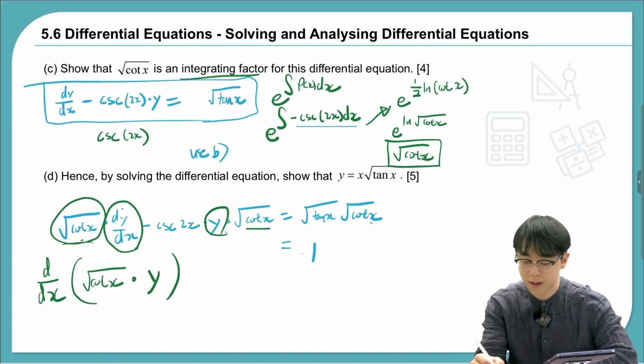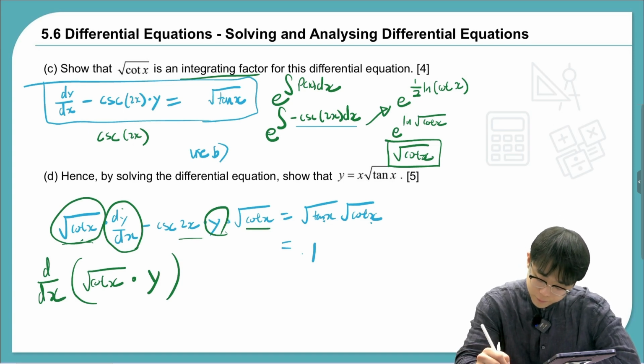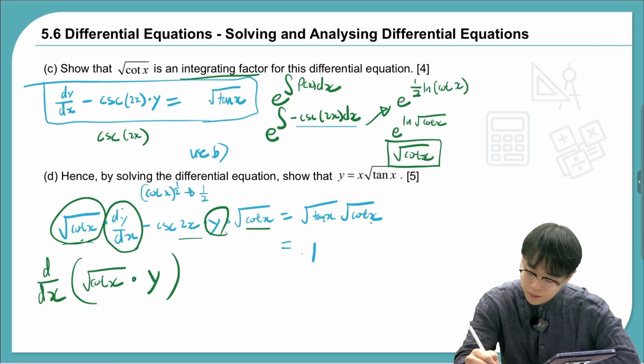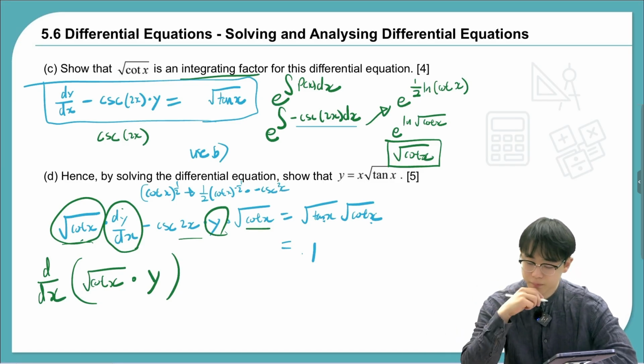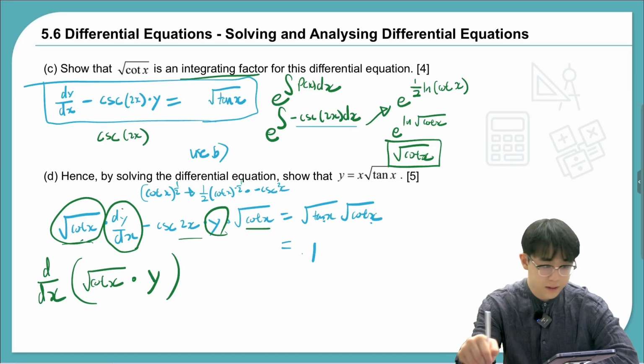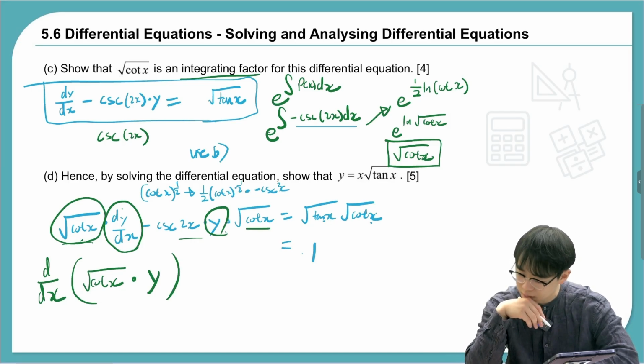Here we differentiate square root of cotangent x, because if you recall, differentiating cotangent x to the power of 1/2 should give you 1/2 times cotangent x to the power of negative 1/2, and then we'd have negative cosecant squared x. So simplifying that would just give us negative cosecant.